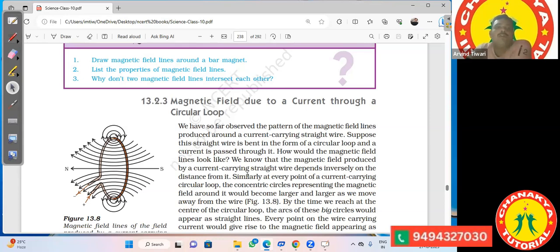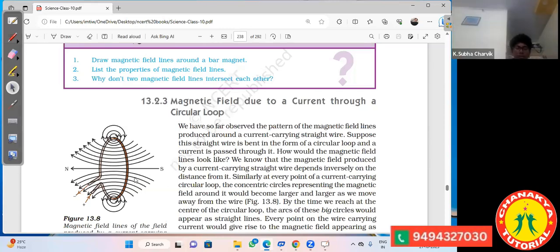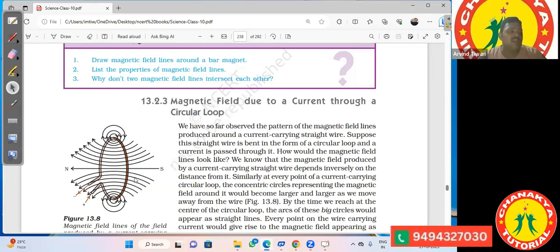So why don't 2 magnetic field lines intersect each other? Anyone? Kesubha, Charvik, will you answer?